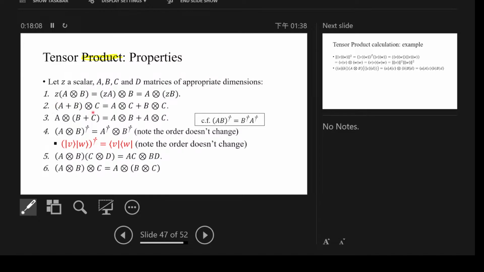So you have A plus B tensor C, which is the same as A tensor C plus B tensor C, and A tensor B plus C is the same as A tensor B plus A tensor C. So from the first three rules, you see that it respects the linear property very nicely.